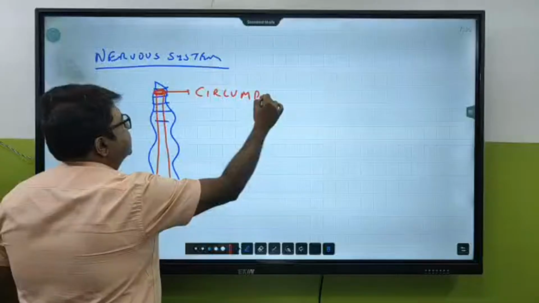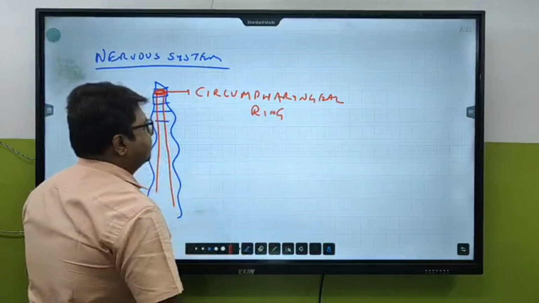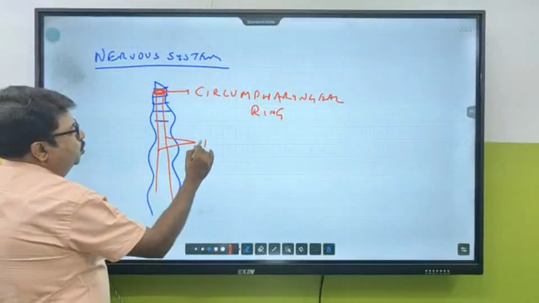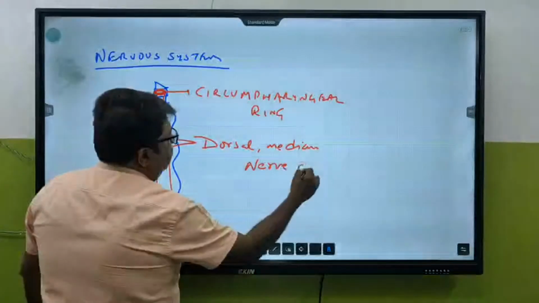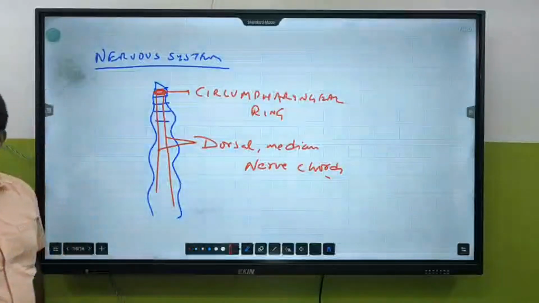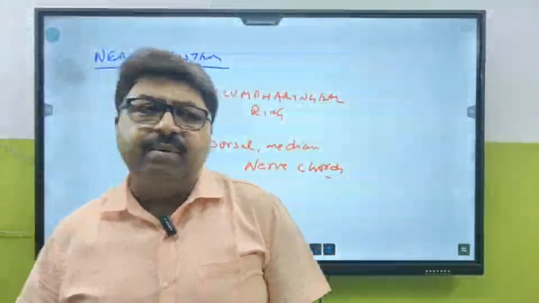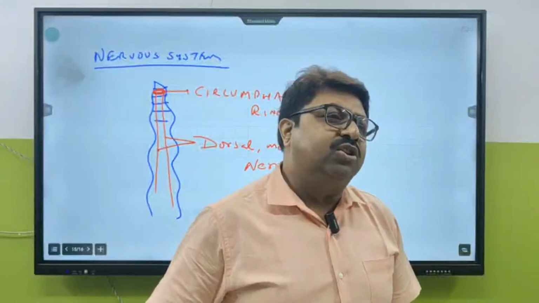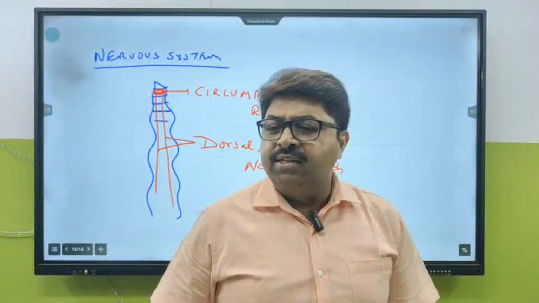This ring-like structure is called the circumpharyngeal ganglion or circumpharyngeal ring, and they have two dorsal median nerve cords. So this is the nervous system that they have. Clear? Any problems?